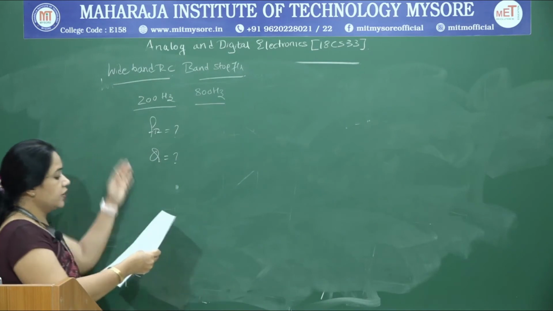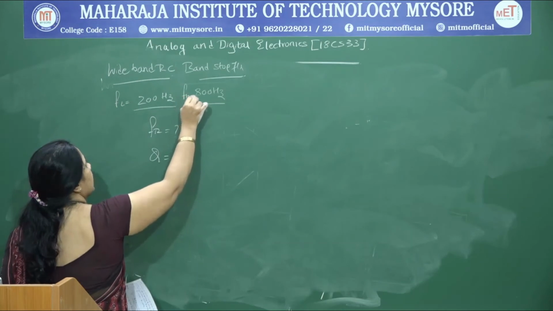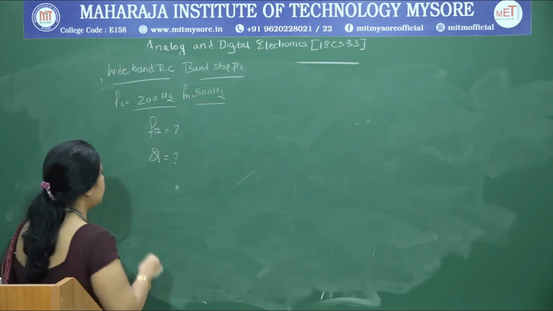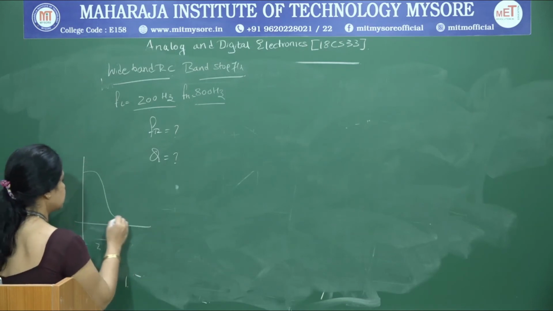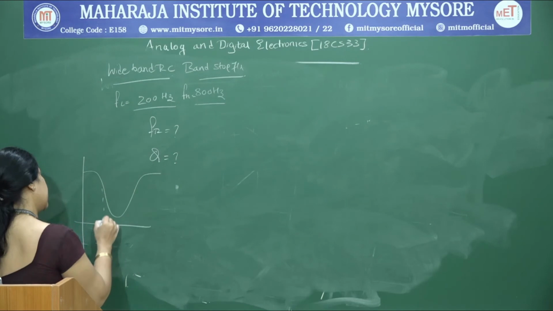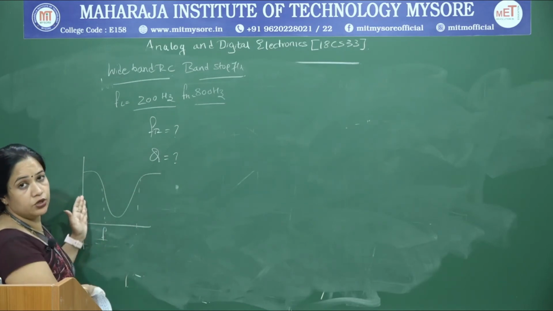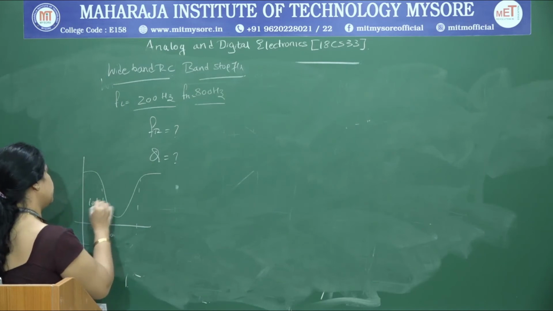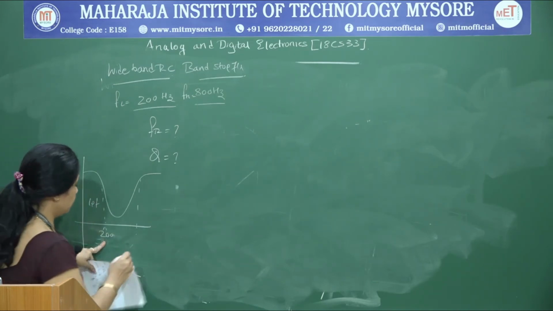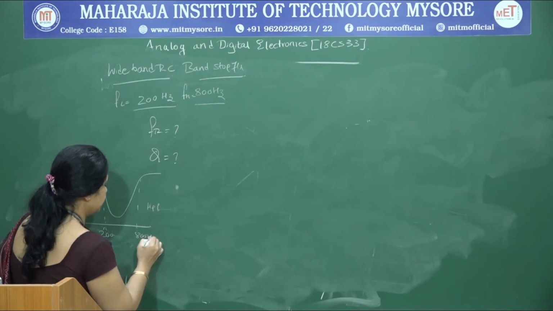So, you are given lower cutoff frequency FL as 200 Hertz and FH as 800 Hertz. You are asked to design a wide band stop filter, designed for these frequencies. What you need to do is design a low pass filter section for a cutoff frequency of 200 Hertz and a high pass filter for a cutoff frequency of 800 Hertz.